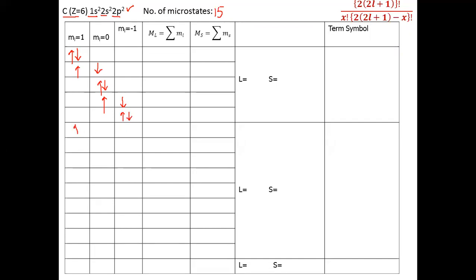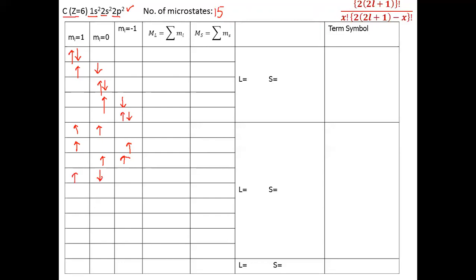Next arrangement is these two with parallel spin. I am drawing like this because I have to make proper groups, so that it will be easier to calculate L from the ML values.